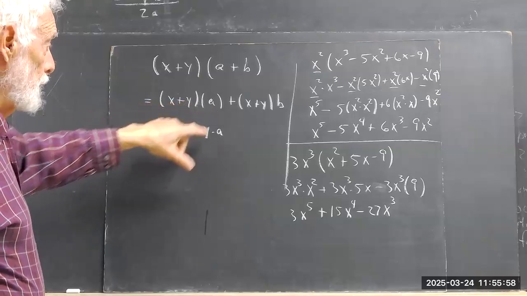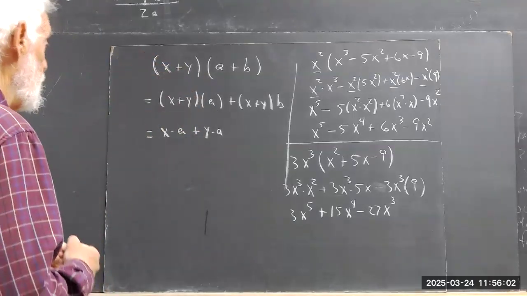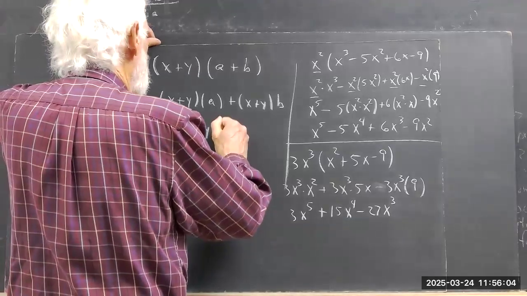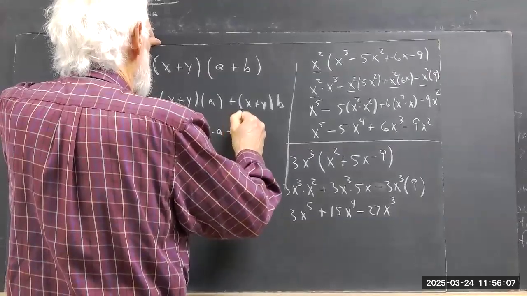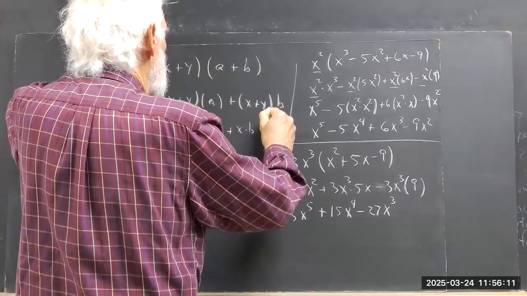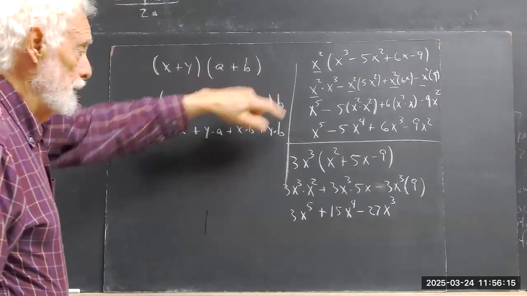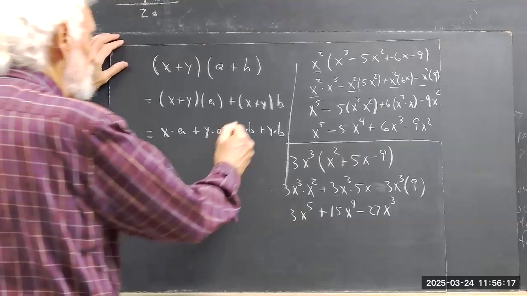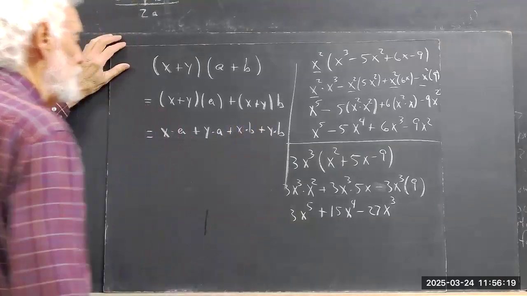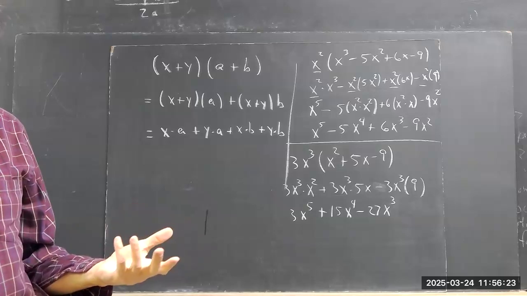X plus y times a means x times a plus y times a. And then it's x times b, y times b.